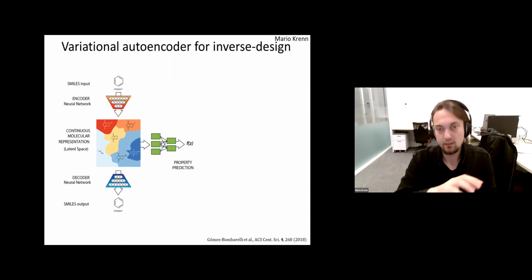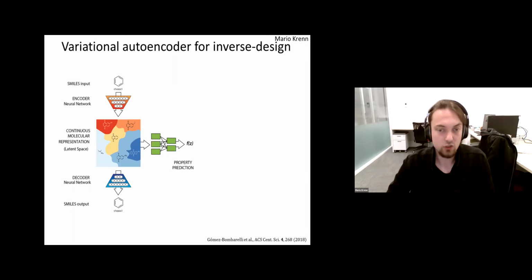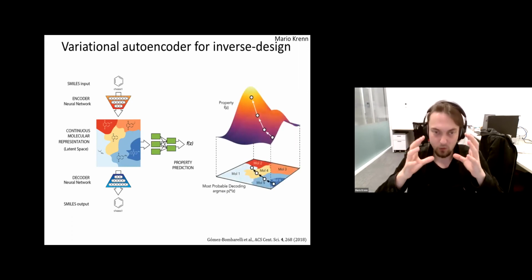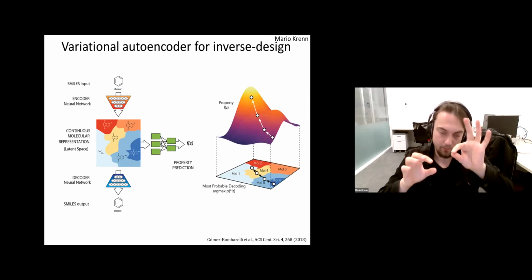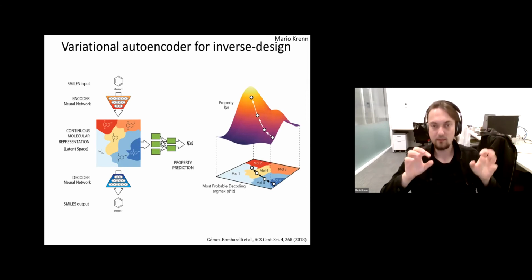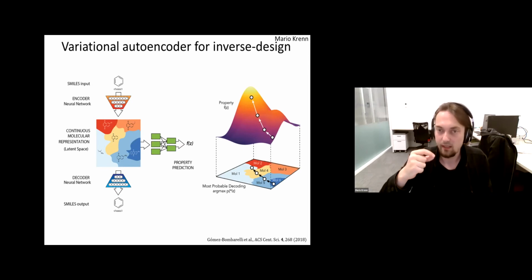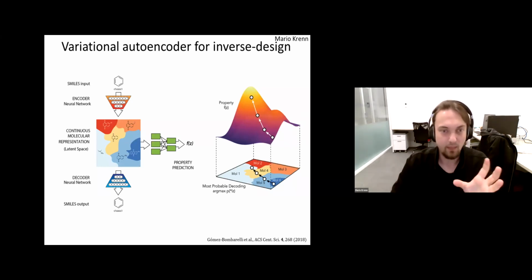So this is a property prediction neural network. With this property prediction, you can then continuously move through the latent space in order to maximize a certain property, all in a differentiable way. This is the main idea of this very beautiful paper.